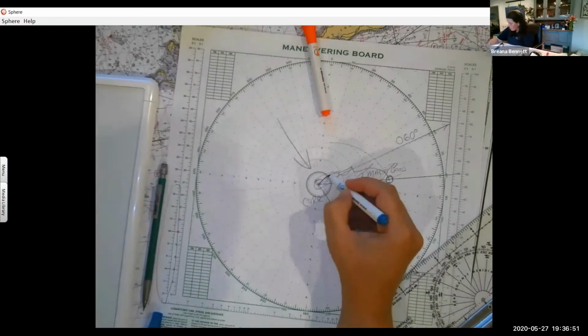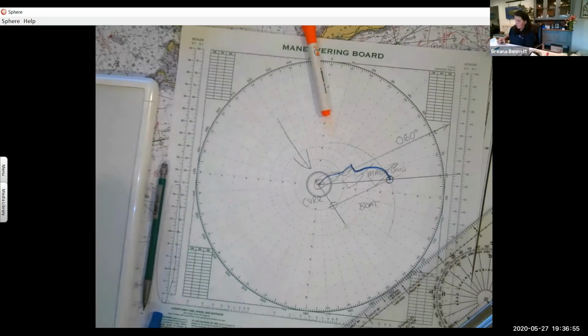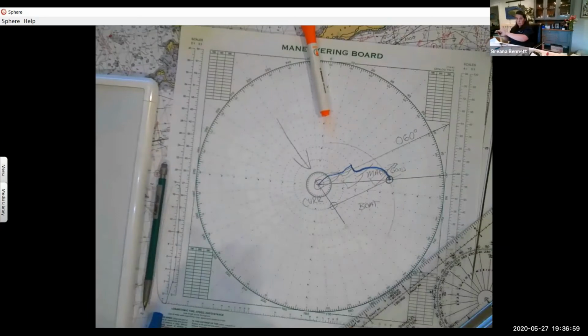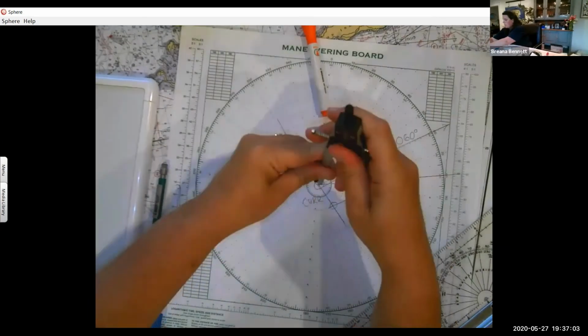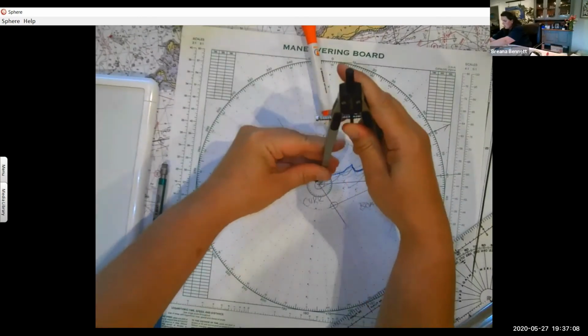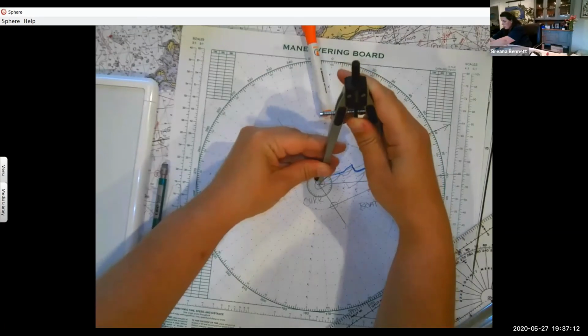We're getting a little crazy here. The length of this line. Do we think it's going to be faster than what our boat's doing or slower than what our boat's doing? Any guesses?